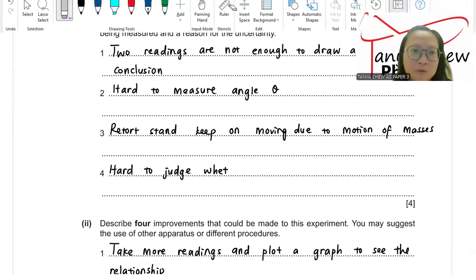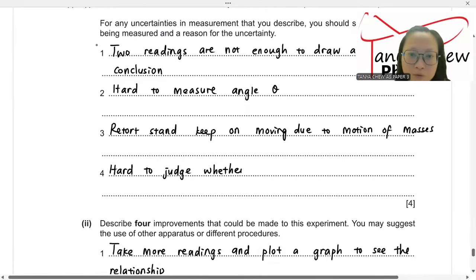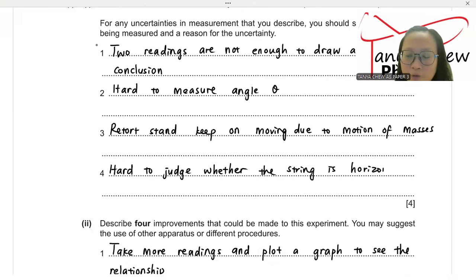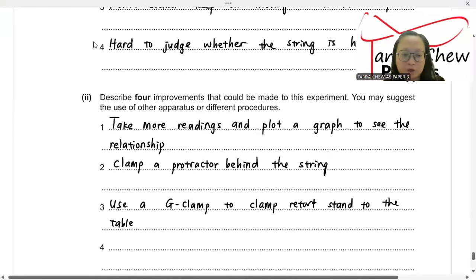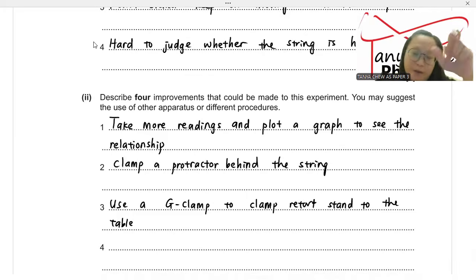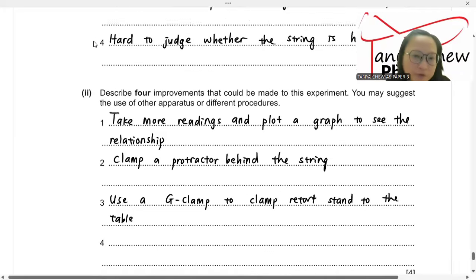So what are we going to do about that? Do you know there's an apparatus? We call it a spirit level. So we can just place it on top of the clamp or the rod to make sure it is on the same horizontal line as the string, to make sure that the string is horizontal.